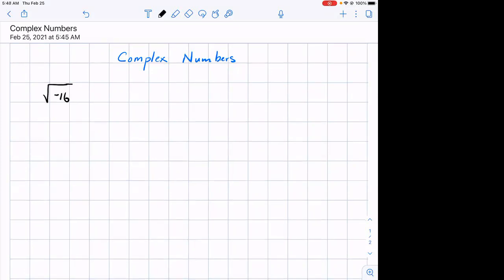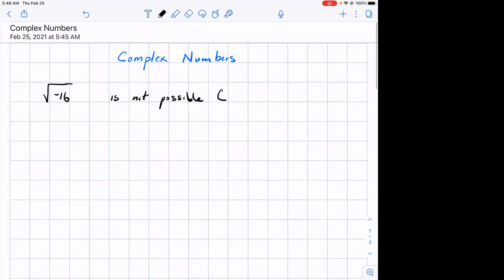So from what we have learned so far, this is not possible. And we should really say there are no real numbers that, when multiplied by itself, give negative 16.